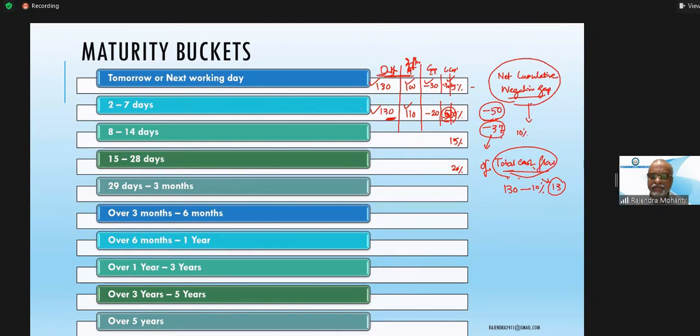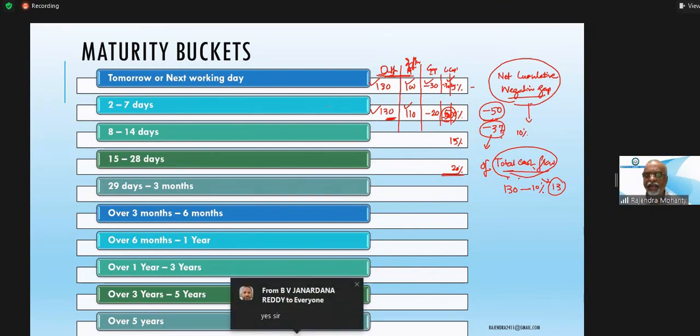So for these 4 time bands only, RBI has prescribed these limits. Other things RBI is not bothered. You should manage this for the 28 days period. Is it clear? This whatever I have explained for the 4 bands, is it clear?